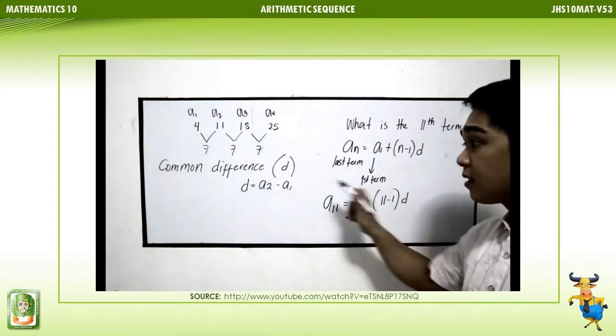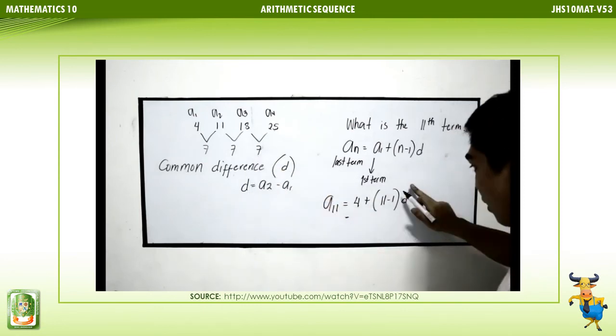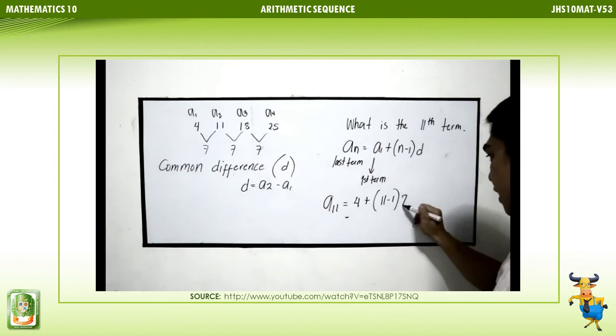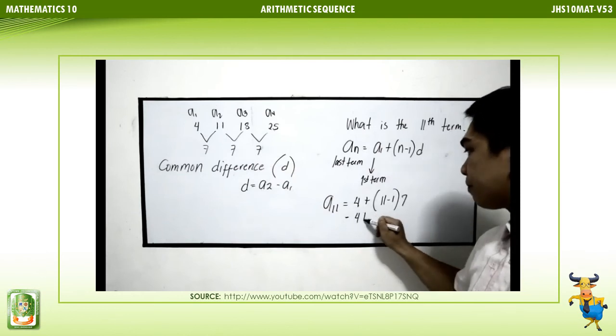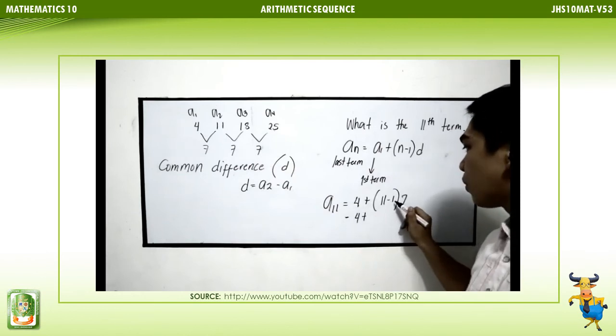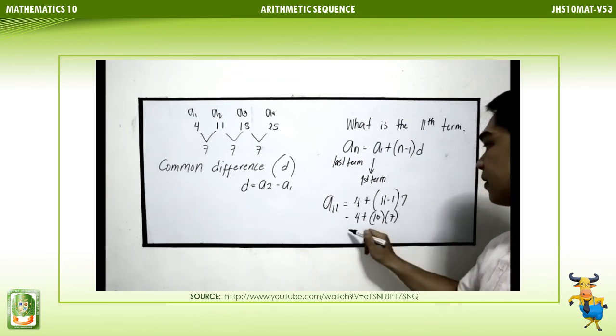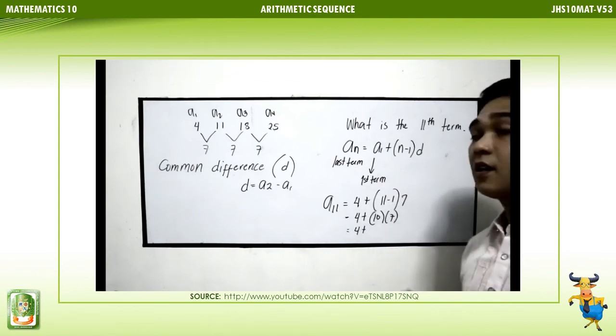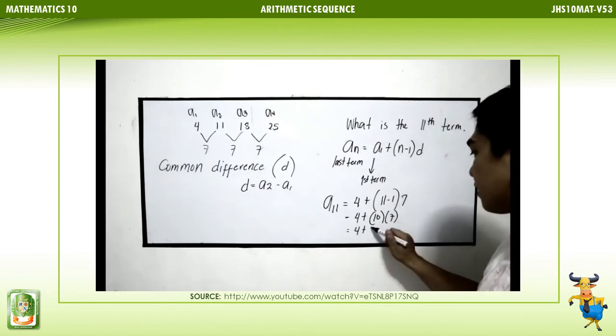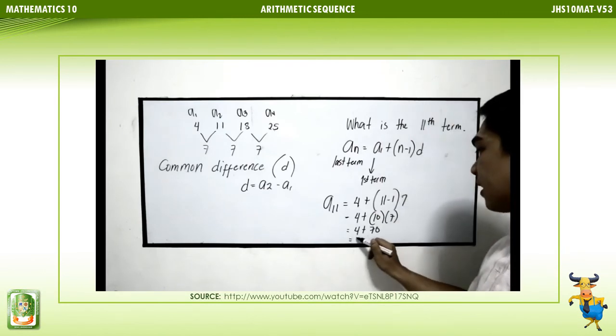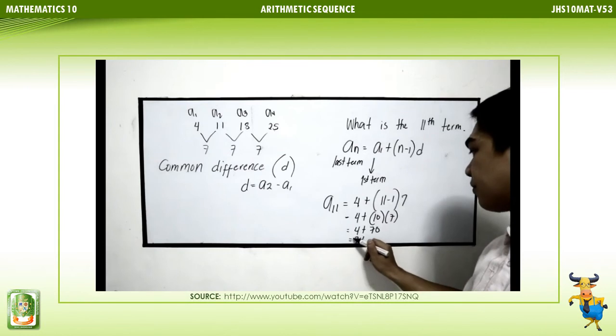So 4 plus 11 minus 1, that is 10, times 7. 4 plus 10 times 7, that is 70, and this is 74.